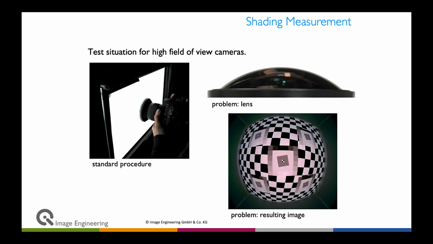Most of the time the lens is sticking out, so it's not a flat front lens, and you cannot really bring it close to the diffuser. And it's just optics that if you have a 180-degree field of view, you cannot see the entire diffuser. So what to do about that? Fisheye lenses also suffer a lot from relative illumination, so you want to calibrate that.